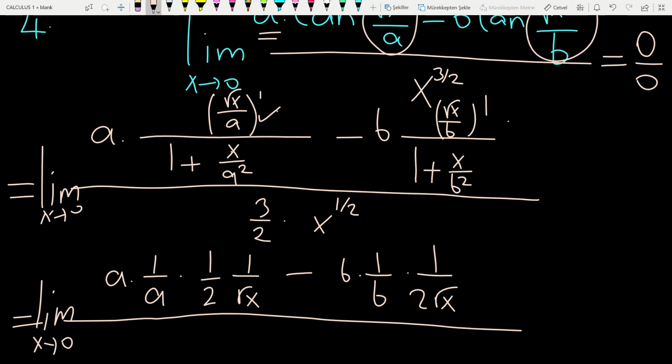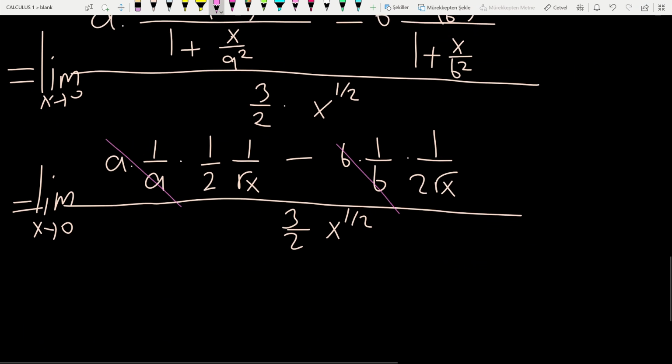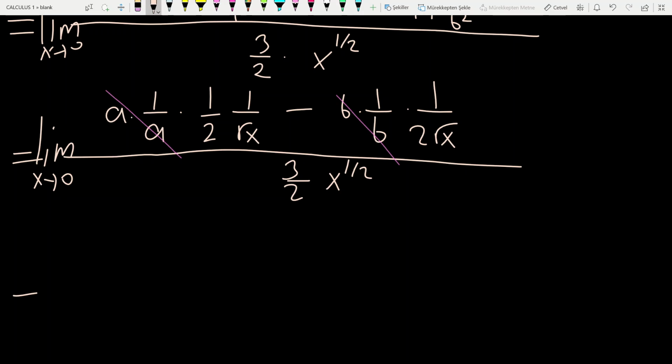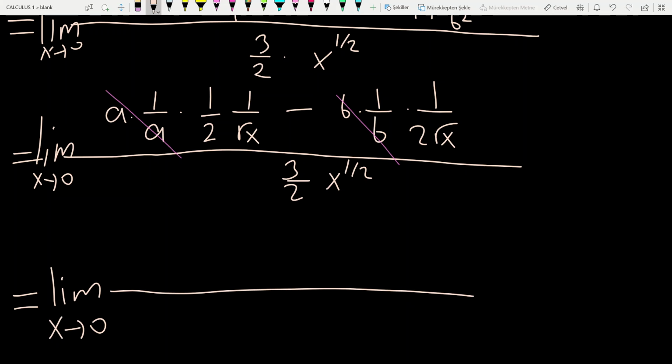And in the denominator we have the same thing, 3 over 2 x to the power 1 over 2. So you can cancel these terms and you have the limit x goes to 0. Let's see what do we have.